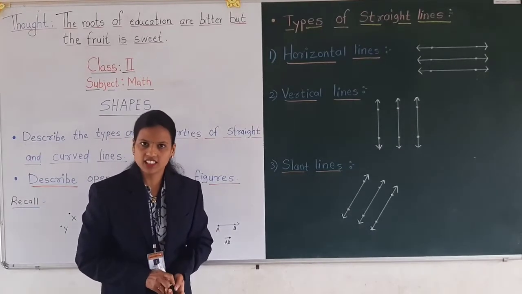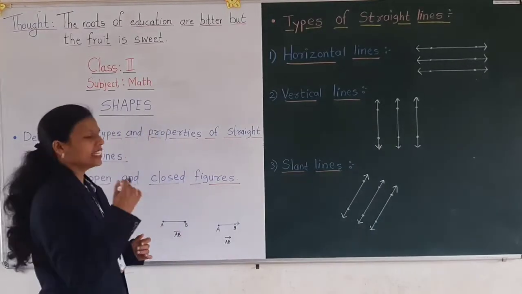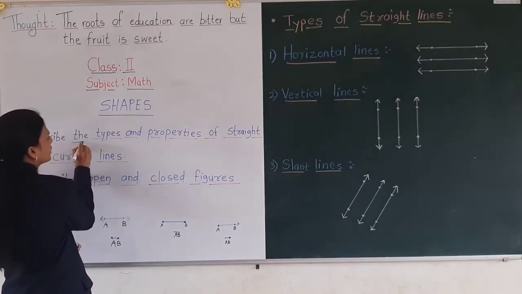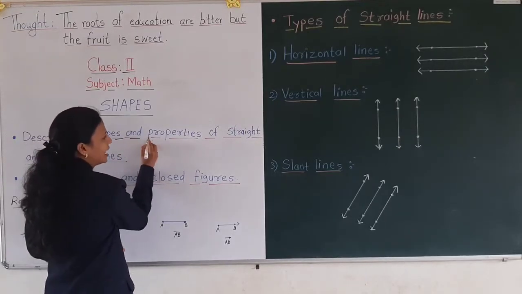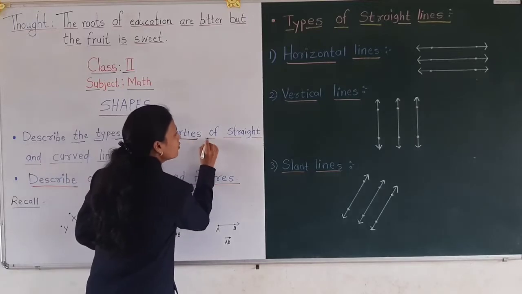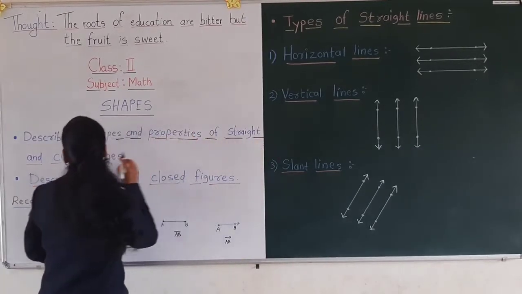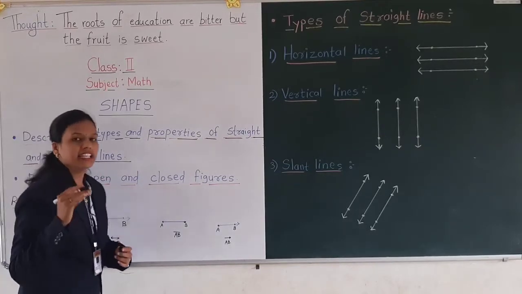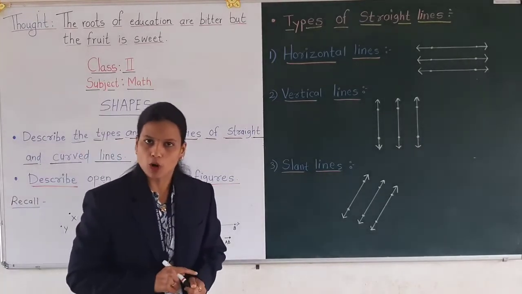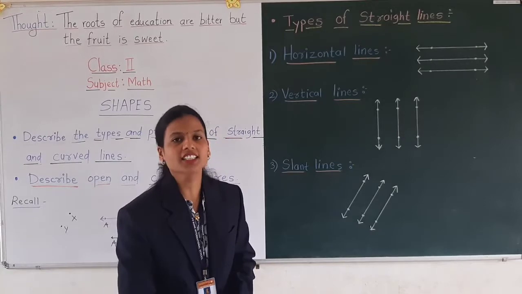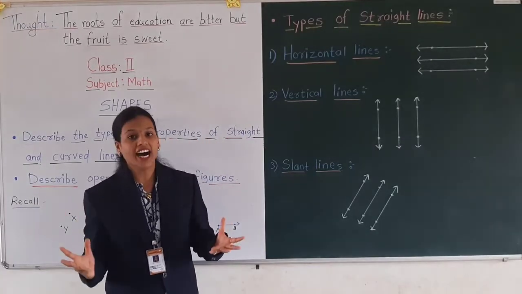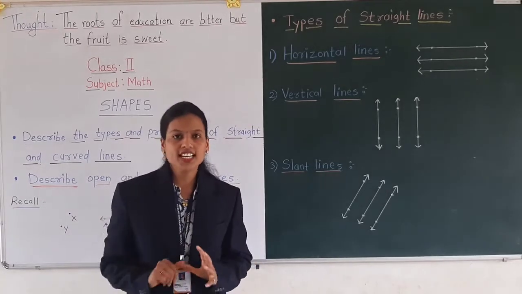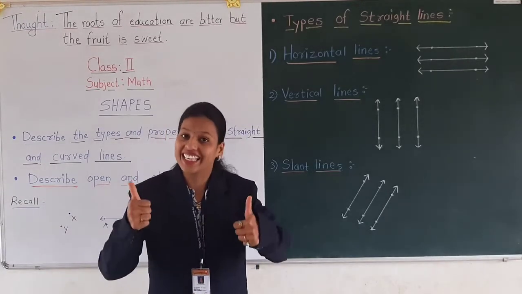In today's lesson, we will start the next topic, that is, describe the types and properties of straight and curved lines. In this topic, we are going to learn about the types of straight and curved lines. So students, are you ready? Yes.